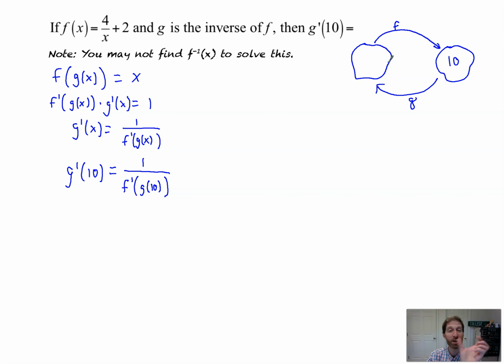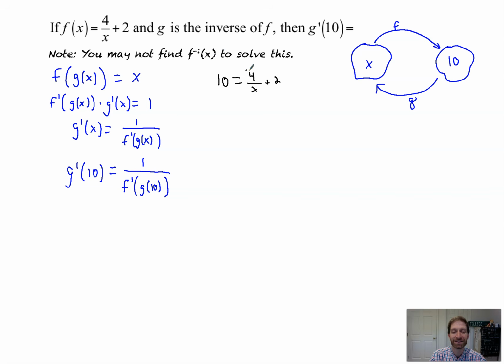And remember, x and y switch in inverses. That's the important part. So to find g of 10 really means when the y value on f is 10, what's the x value? The x value on f will be that g value that we want. So that's what we want. So I've got then, we'll do a little bit of side work here, 10 is equal to 4 over x plus 2.